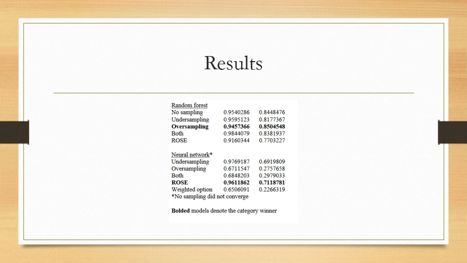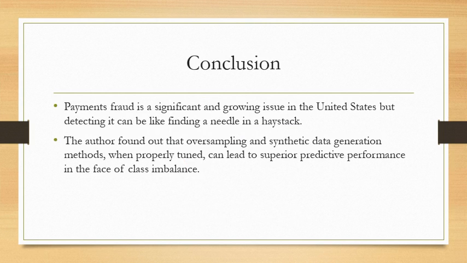So we can figure out that payment fraud is a significant and growing issue in the United States, but detecting it can be like finding a needle in a haystack.